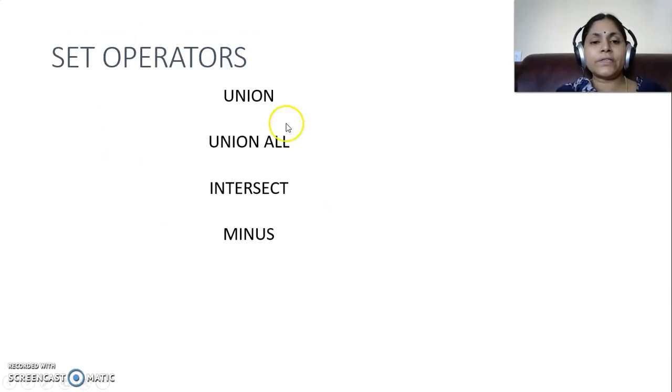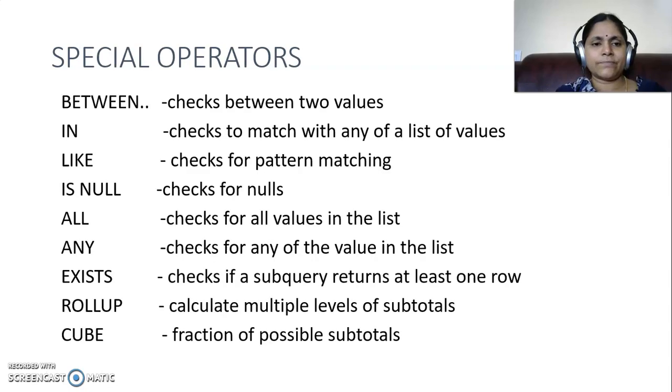Set operators: union, union all, intersect, minus. This also we are familiar with from our mathematics. Next, special operators. There are some special operators in SQL. Between will check between any two values. In tries to match a list of values. Like is for pattern matching.